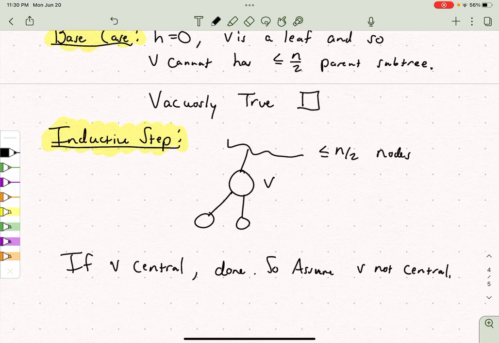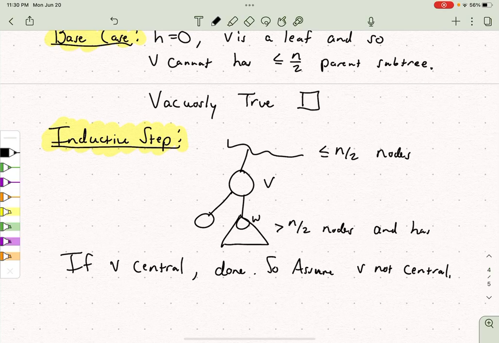So if v is not central, then we know there's some subtree, let's say it's this one, w, with greater than n over 2 nodes. And now that subtree has smaller height, just because of how trees work. It can't have a higher height than its parent.